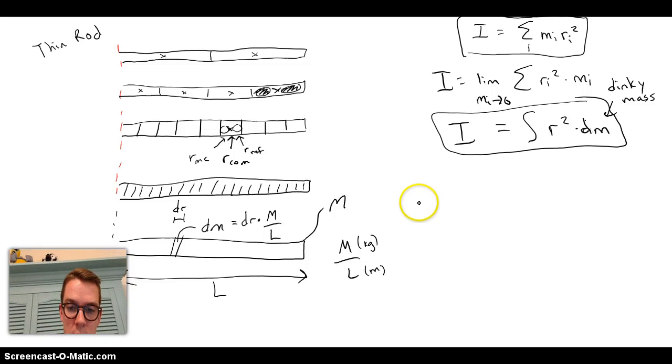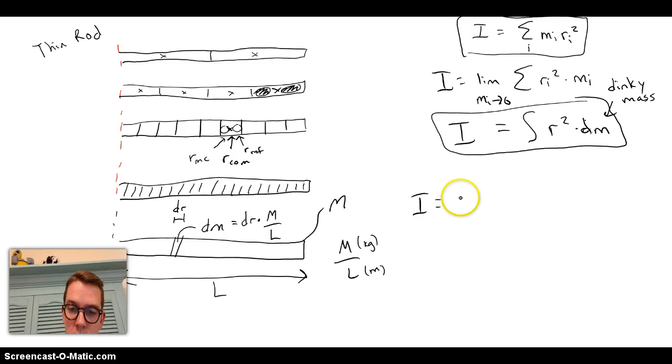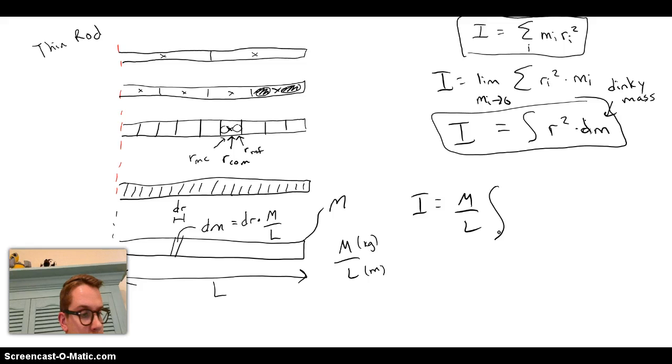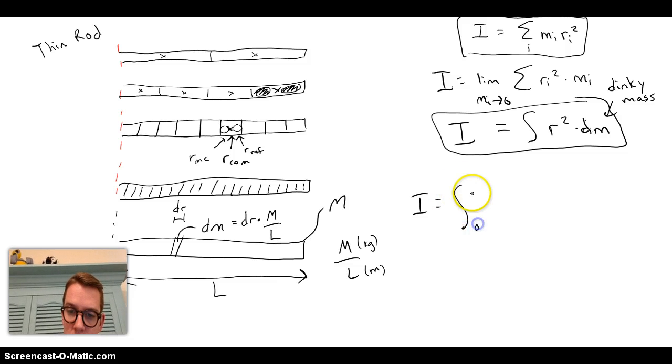So now I'm going to take the integral here. M and L are constants. Oops, I skipped a step. Integral from 0 to L, r squared dm.